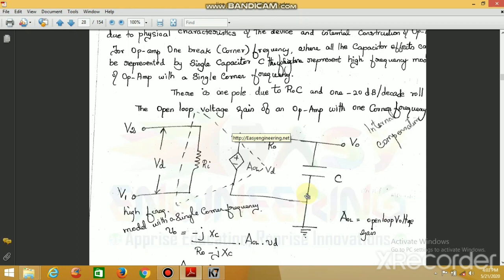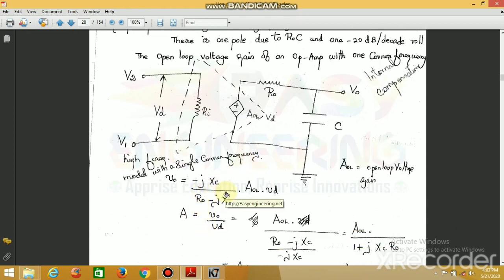Normally the output voltage V0 is represented as follows. V0 is equal to minus jXC divided by R0 minus jXC, into AOL VD, where XC is the capacitive reactance, R0 is the output impedance and AOL is the open loop voltage gain.